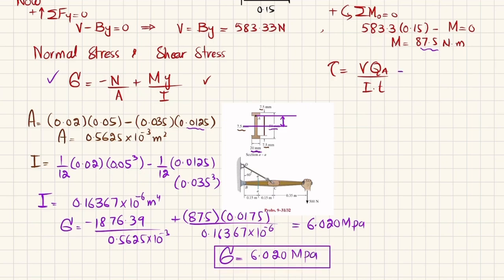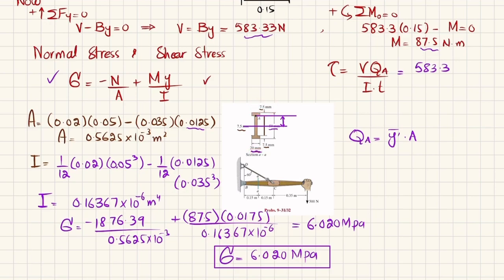Now we'll find shear stress. For shear stress, we need V, so V is 583.3. And what about Q_A? So Q_A is equal to y dash bar into area. So you can see A is this point. So above A, this is the area. And this area is 20 by 7.5.